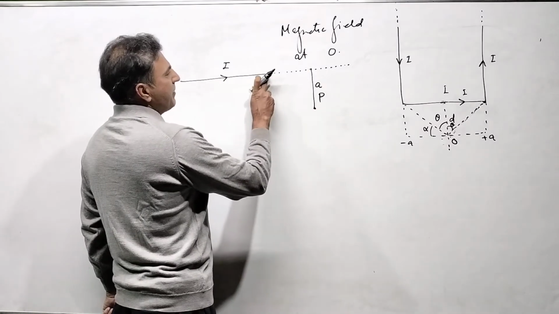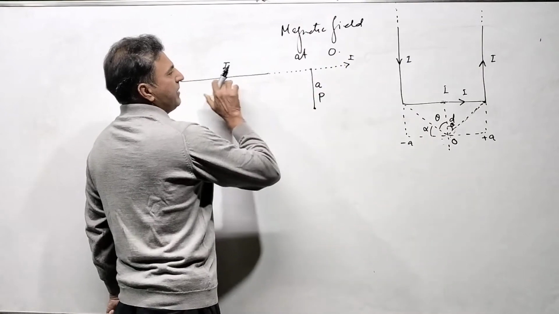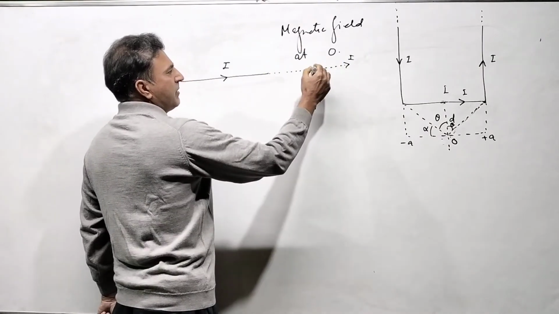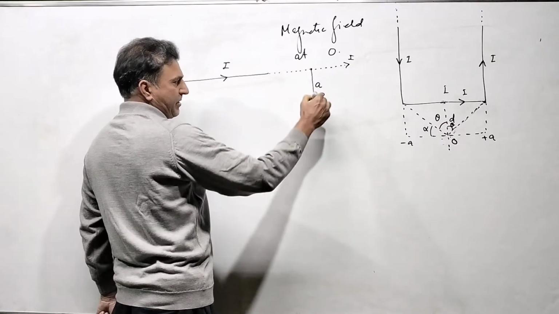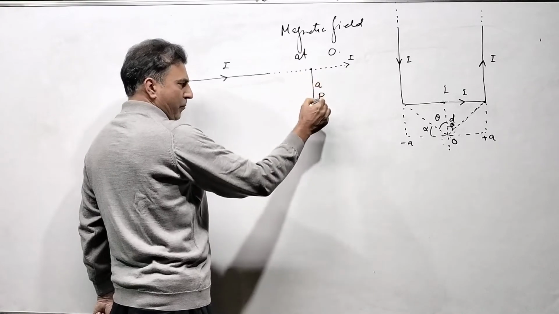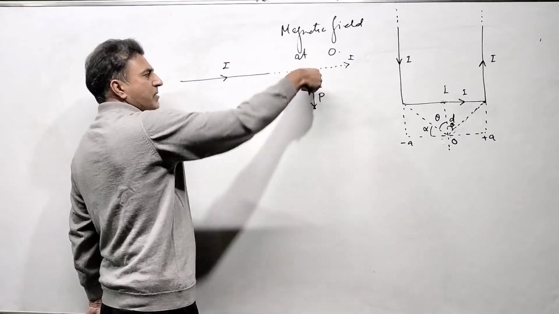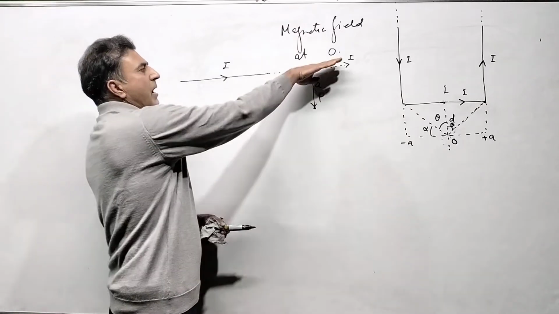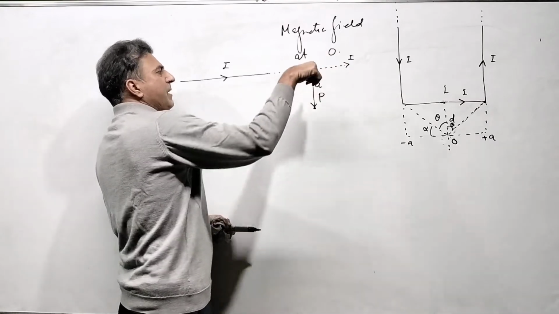The direction of the magnetic field: if the current is extended in the forward direction, hypothetically, and from the conductor to the point P, A's direction is taken downwards from the conductor to the point. This is the direction of A. I cross A, the cross product, gives the direction of the magnetic field, which will be inwards.